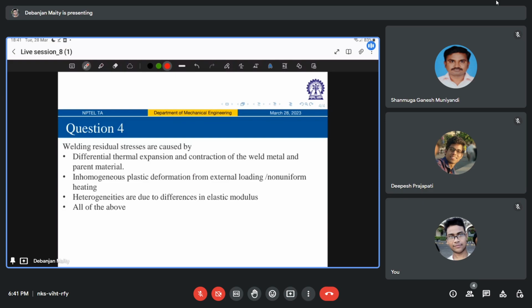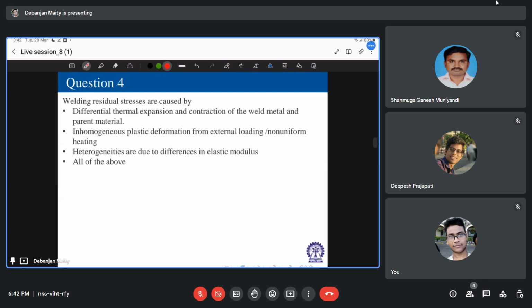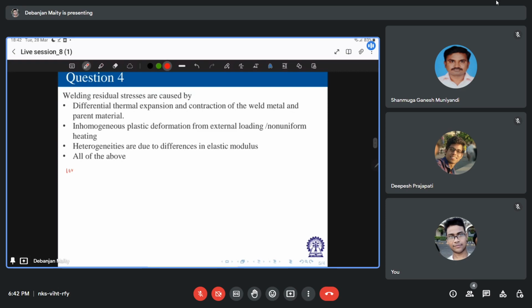Now, what can be the causes of these residual stresses? Residual stresses can arise from several sources, but always as the result of an unbalanced situation of strain. So anytime you have an unbalanced situation of strain, residual stress must arise.